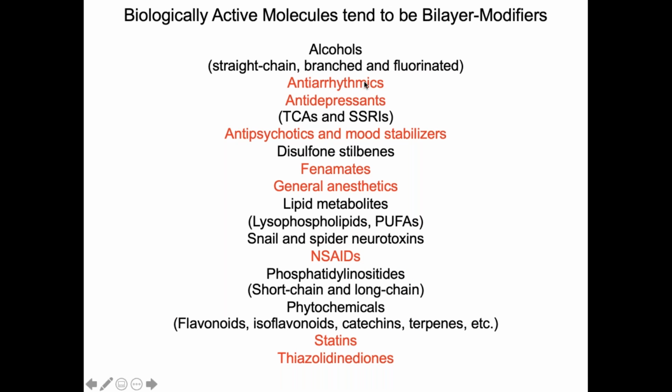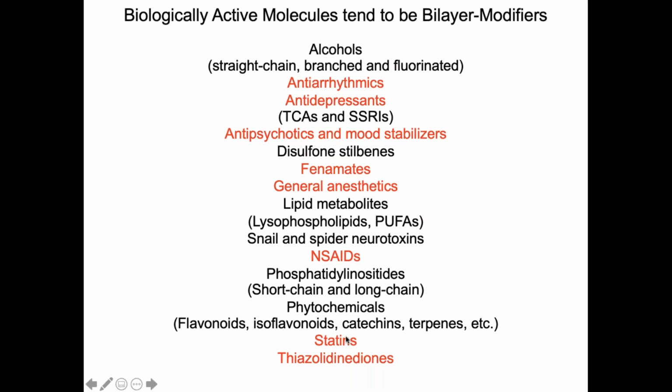And we have done this with many different molecules, and here you see a list of the main classes we have tried. We have done alcohols, various lipid metabolites, various neurotoxins, phytochemicals, and those in red are drugs that are used in human medicine.